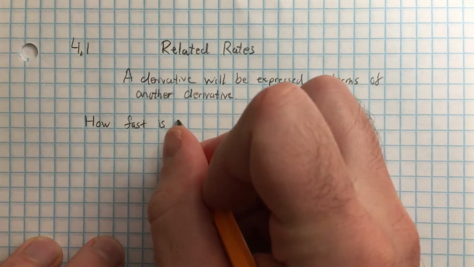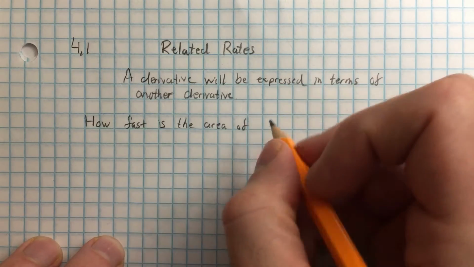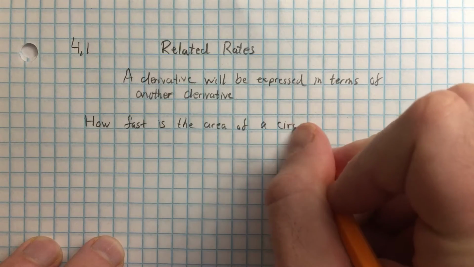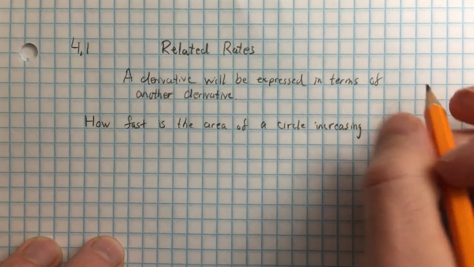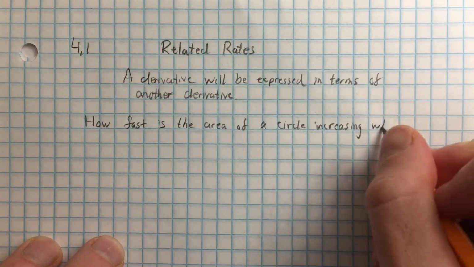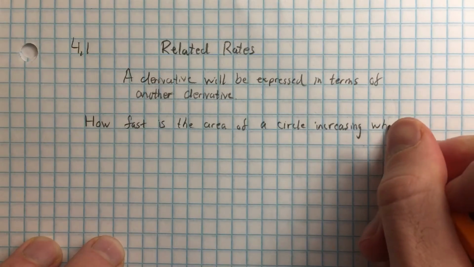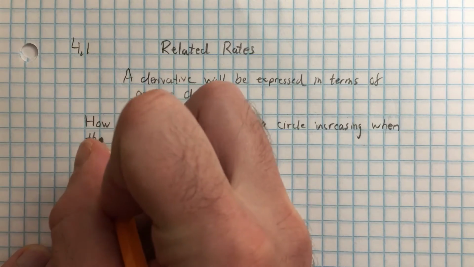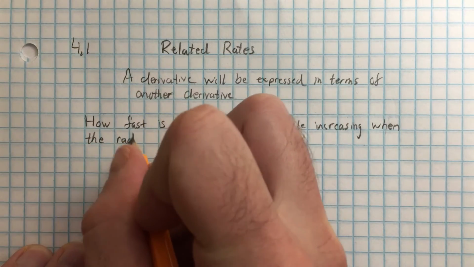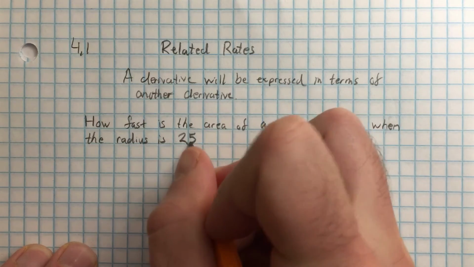How fast is the area of a circle increasing when the radius is, I don't know, just make something up, is 25 centimeters.